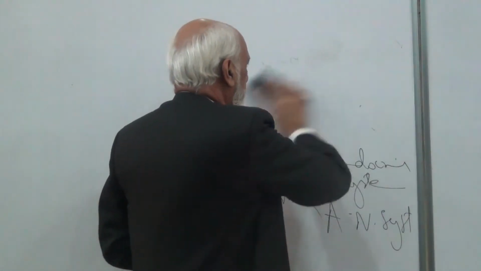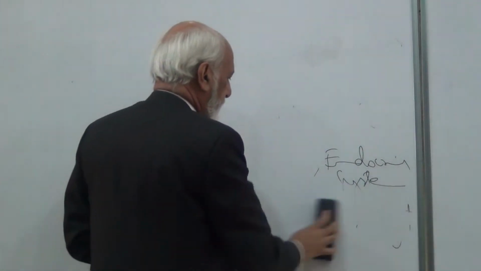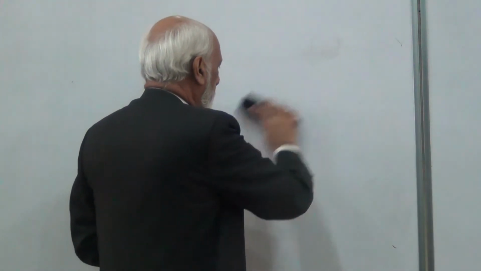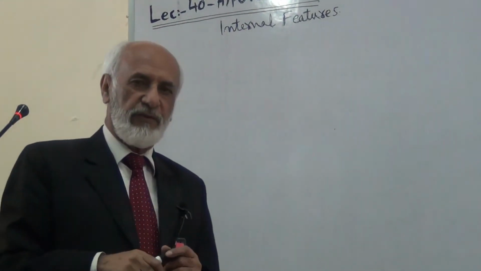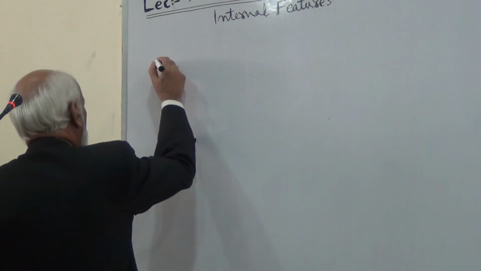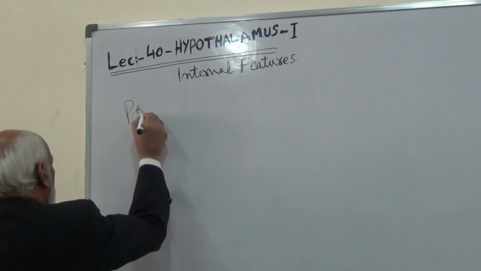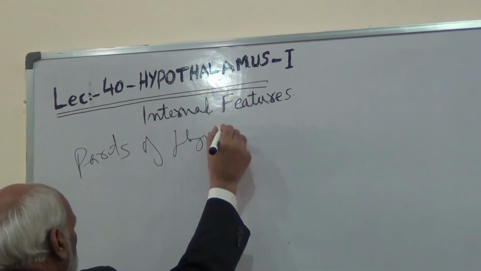Now, what are the parts of the hypothalamus? As explained in our previous lecture pertaining to the external features of the hypothalamus, briefly we will talk about different parts of hypothalamus.